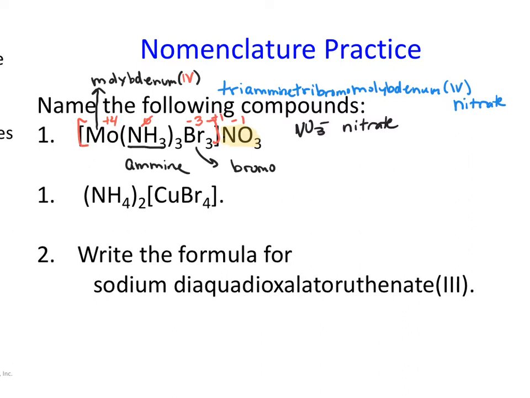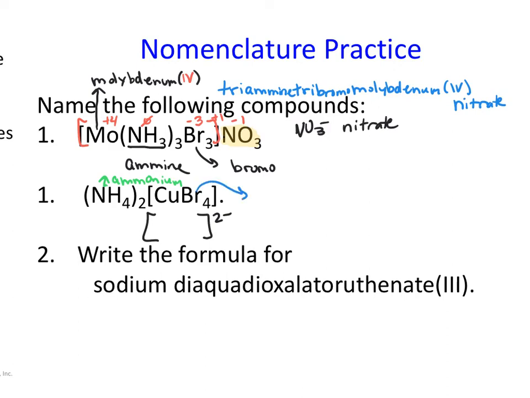Looking at the second example here, I see that my counter ion is ammonium, NH4+. And I have 2 of them. I have 2 counter cations, which means this complex is a complex anion.